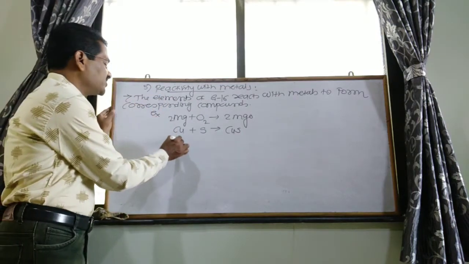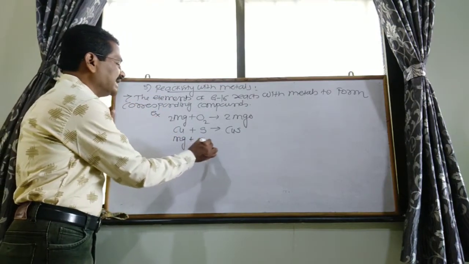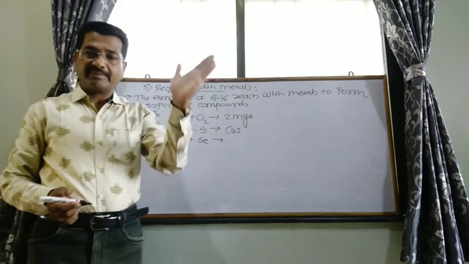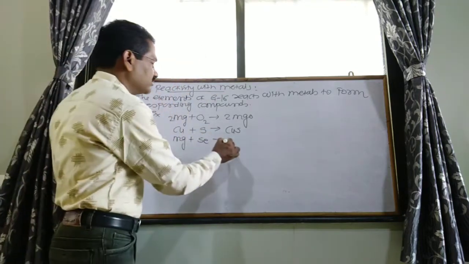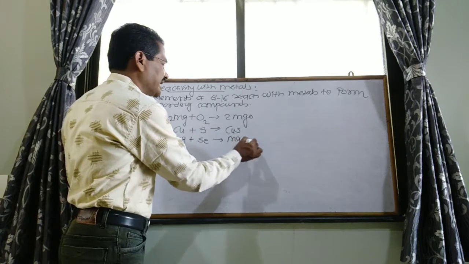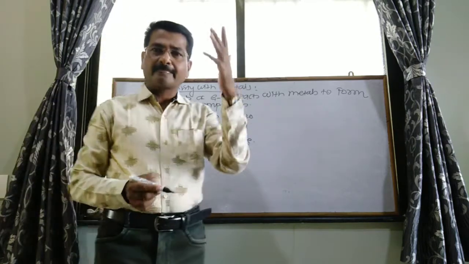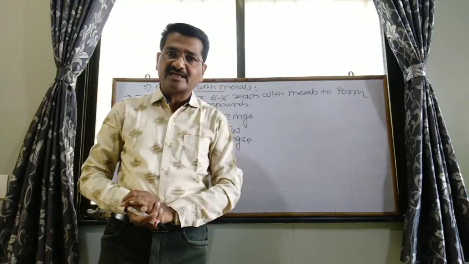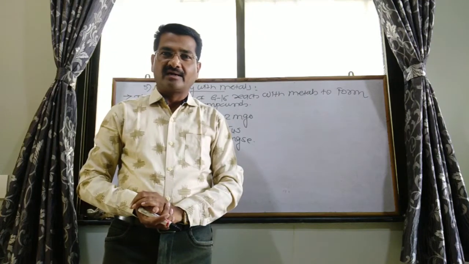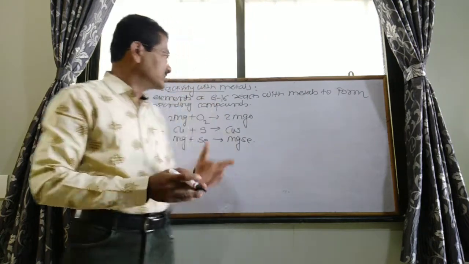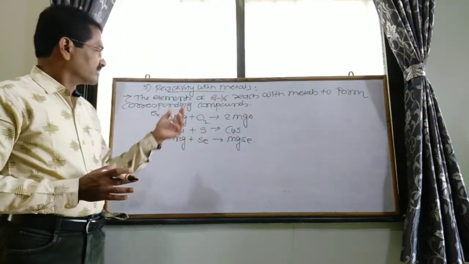Then magnesium can react with selenium, and it forms magnesium selenide. Likewise, group 16 elements can react with different metals to form the corresponding compounds.